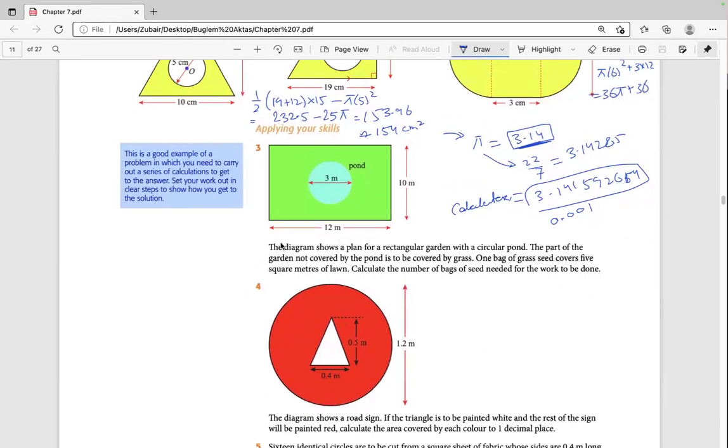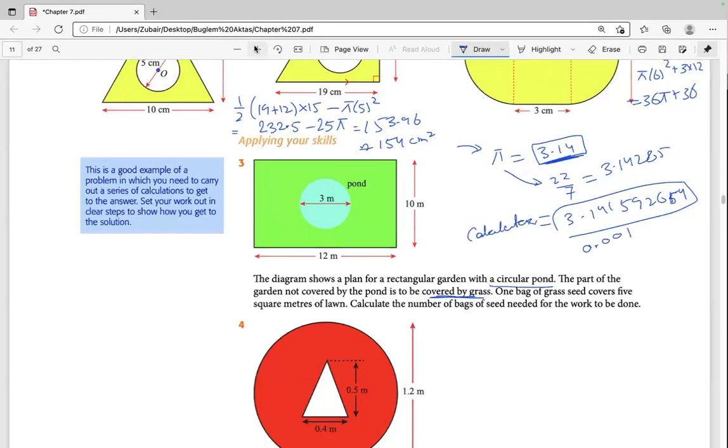Okay, why do we have these statements? The diagram shows a plan for a rectangular garden with a circular pond. The part of the garden not covered by the pond is to be covered by grass. One bag of grass seed covers 5 square meters. Okay, so that's why we have statements.